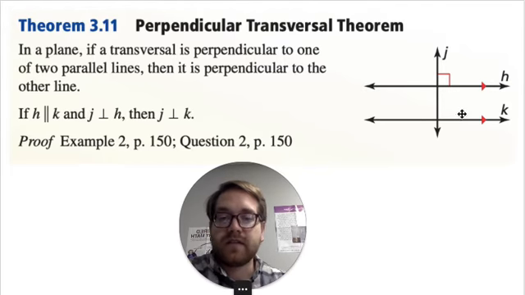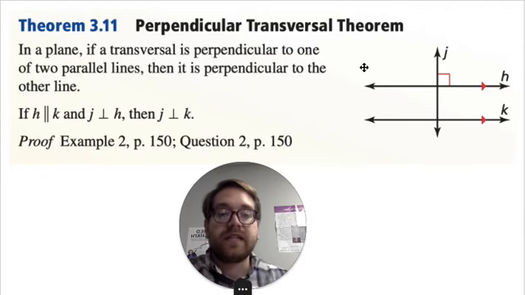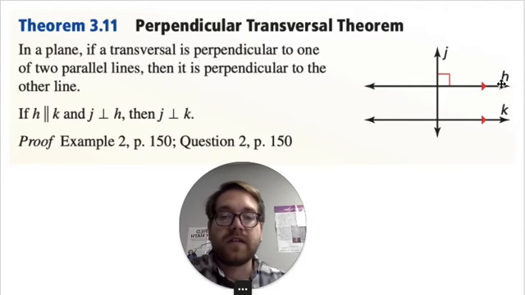So in this figure, if H is parallel to K and J is perpendicular to H, then we know J is perpendicular to K. What we're given is that H and K are parallel to each other. Remember, these little red arrows indicate that these two lines are parallel. So H is parallel to K, and this transversal J is perpendicular to H.